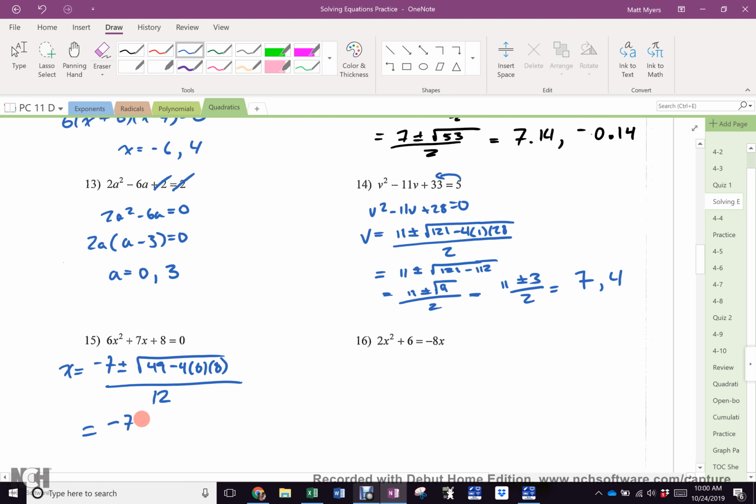It's negative 7 plus or minus the root of 49 minus, that's a big old number, bigger than 49. So that guy has no roots, because that is 48 times 4, which is 192, which gives me a negative number there, so no solution.